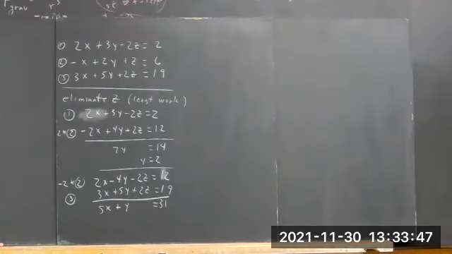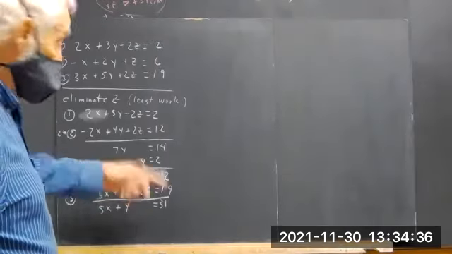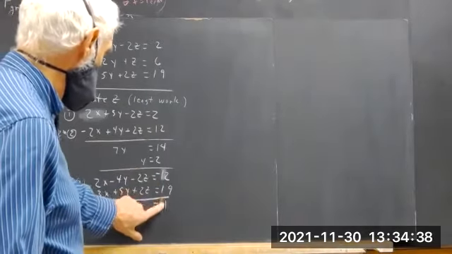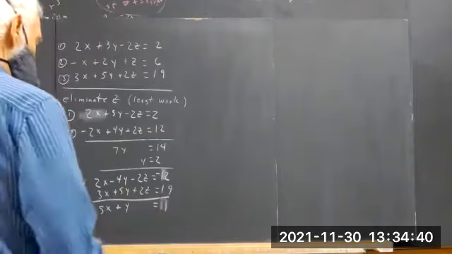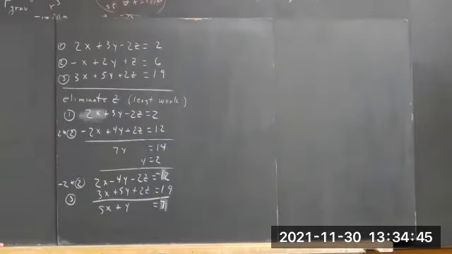Let me pause this a second. Well, I have a -12 here, not a 12. Thank you for pointing that out. I get 7. Okay, this is going to be much better.